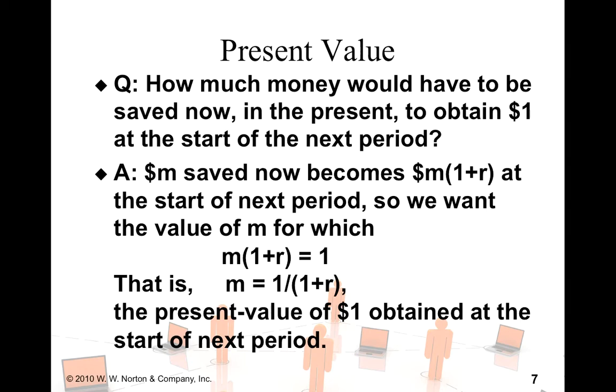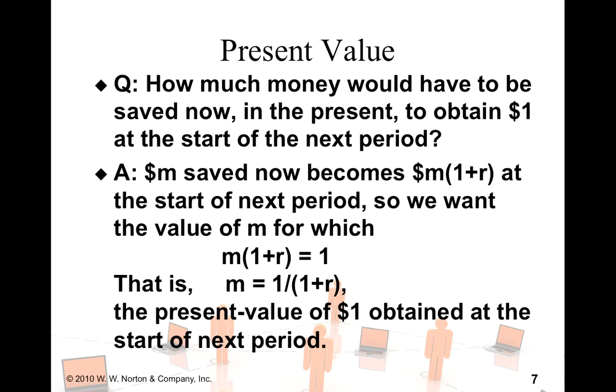So for example, if $m saved now becomes $m times (1 plus r) at the start of the next period, we want the value of m for which m times (1 plus r) is equal to 1. So that is what I am basically thinking about. I am going to receive $1 at the end of the period.